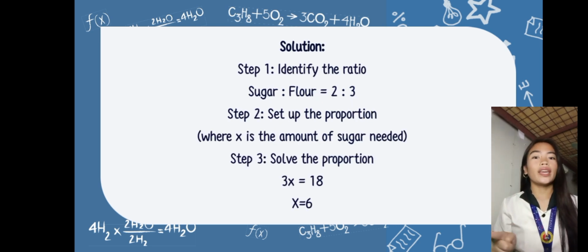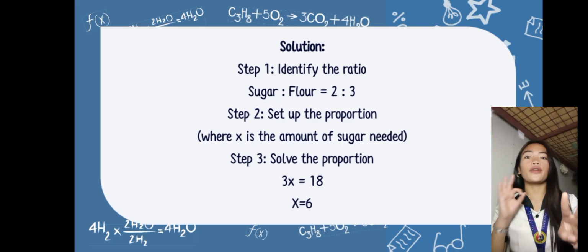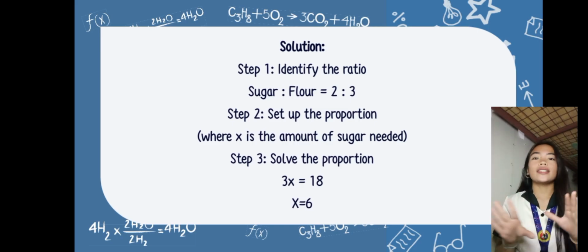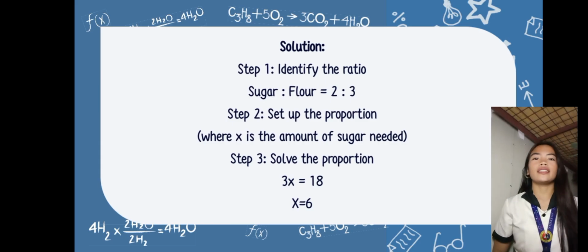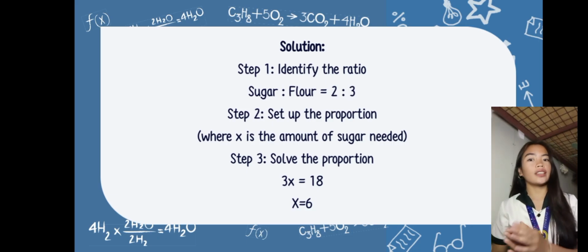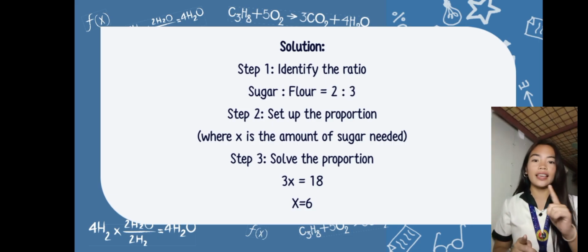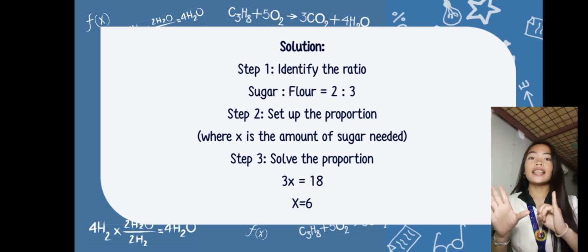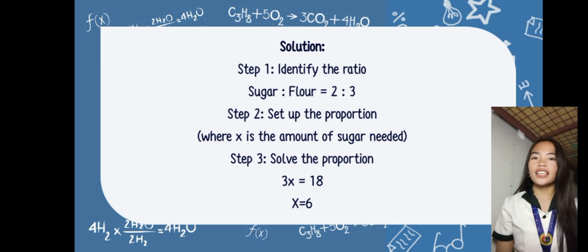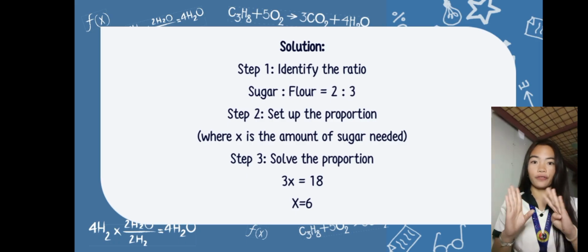First, we identify the ratio of sugar to flour, which is 2:3. Next, we set up the proportion, letting x represent the unknown amount of sugar. We then solve the equation, which gives us x equals 6. Therefore, 6 cups of sugar are needed for 9 cups of flour.